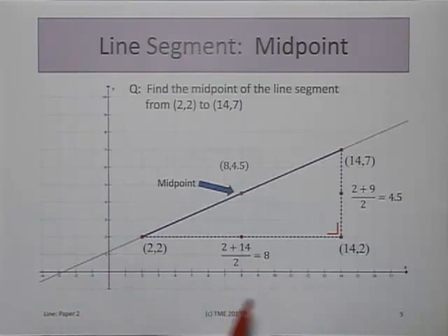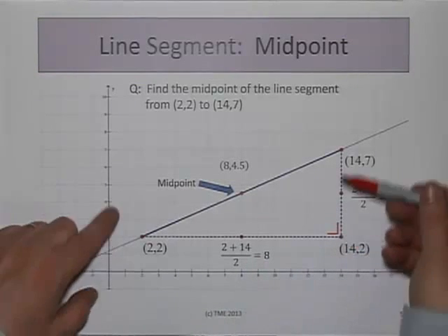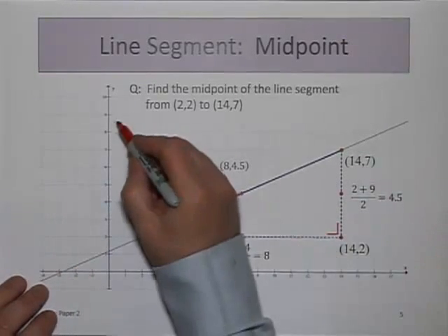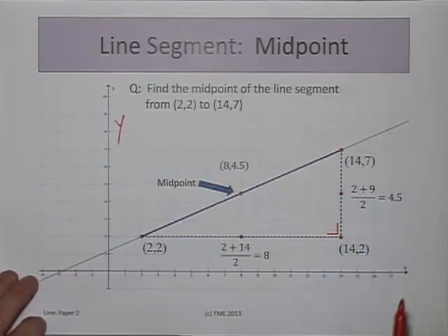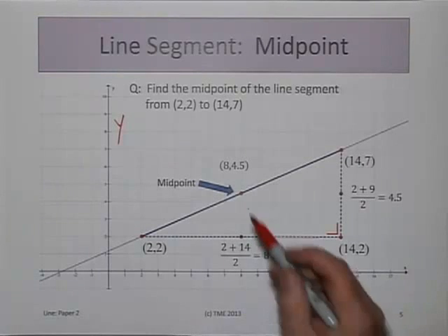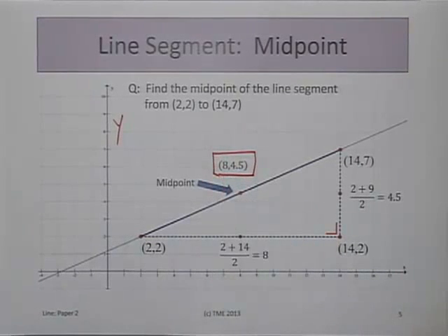If somebody has €2, another person has 14, you put the 2 together, you've got €16, you have 8 each if you're willing to share. So that's 8. Similarly, on the y side, or on the north side, we're looking at 2 to 7. 2 and 7 add them up, 9, divide by 2, 4.5. So we have our 8, 4.5. And that's our midpoint. And that's how we do it without any book.